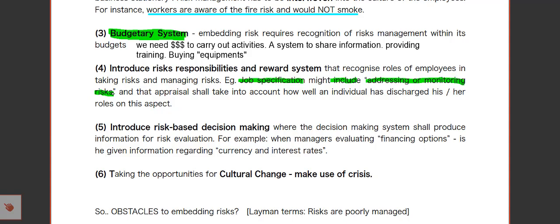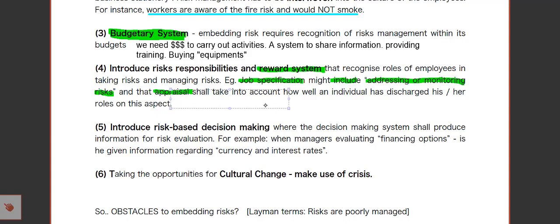And when you include responsibility to address and monitor risk, you also should appraise the staff, how well that the person has discharged this role and that will be recognized through the reward system.